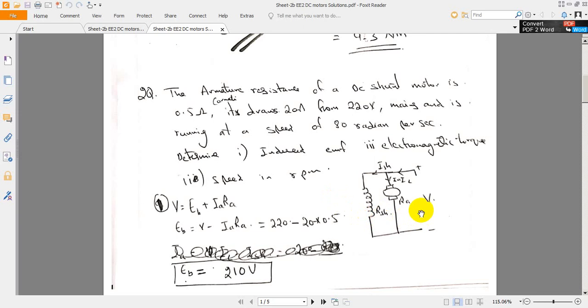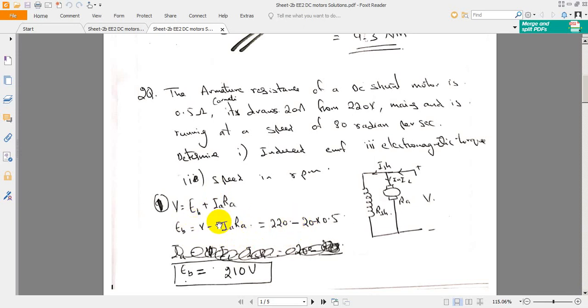As we need to calculate induced EMF, if you apply Kirchhoff's voltage law here, V is equal to IaRa plus Eb. The induced EMF Eb is present here. So simply we can write V is equal to Eb plus IaRa. We need to calculate Eb. So Eb is equal to V minus IaRa, which is 220 minus 20 into 0.5.